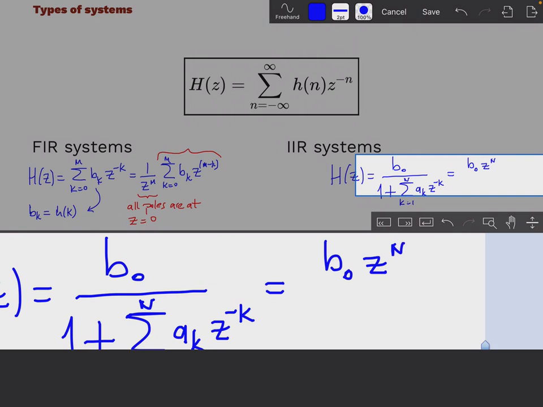Sorry, we're dividing both numerator and denominator by z to the power minus n, not z to the power n.